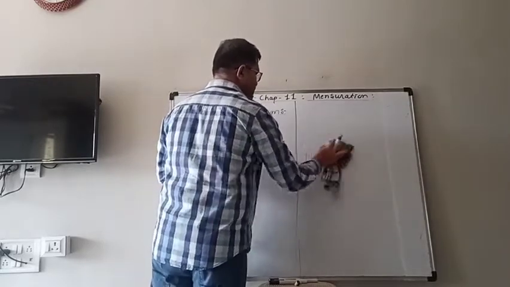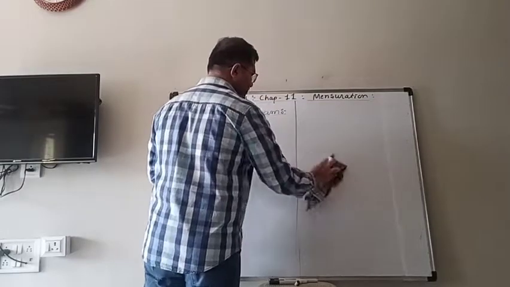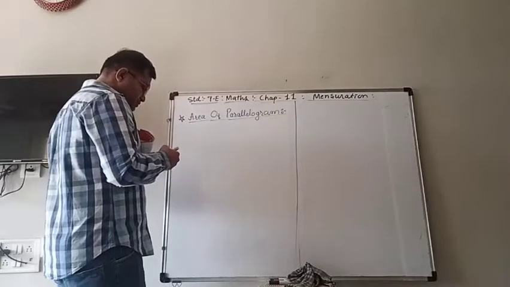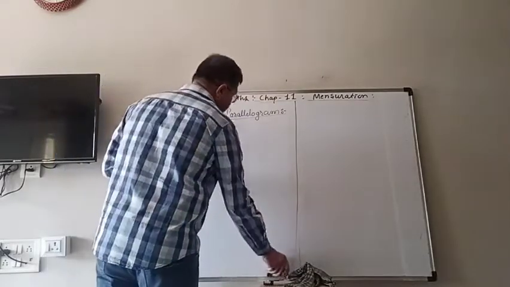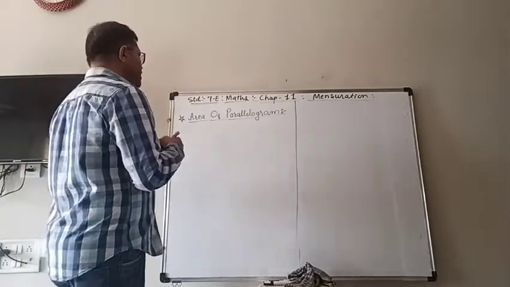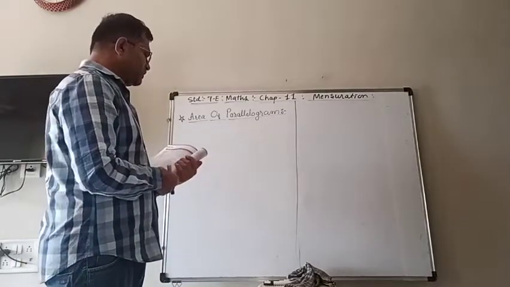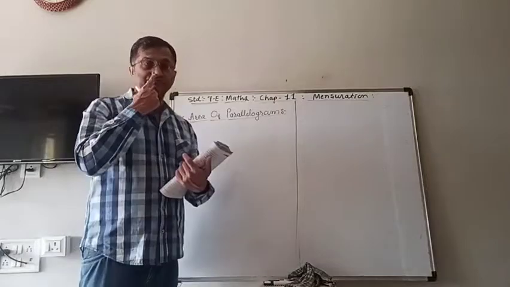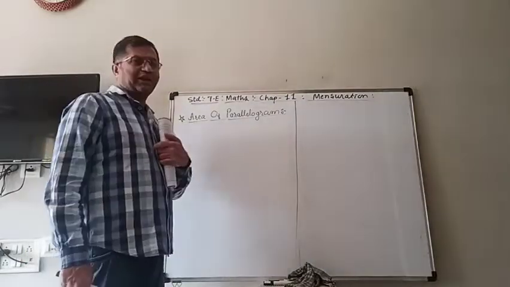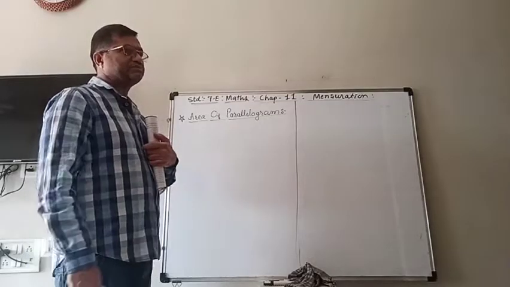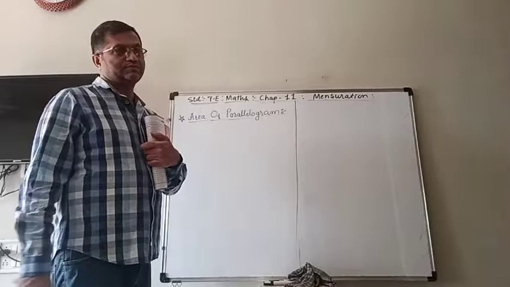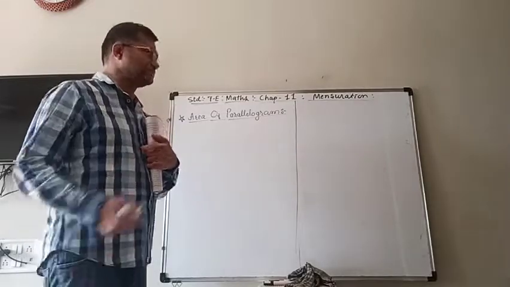So here we don't have to worry about the rectangle, but we must concentrate on how we can find the area of the parallelogram. To find the area of the parallelogram, we need two measurements. The first measurement is the base of the parallelogram, meaning any side, and the perpendicular drawn on that side from the opposite vertex.